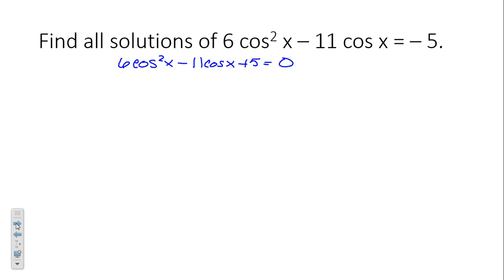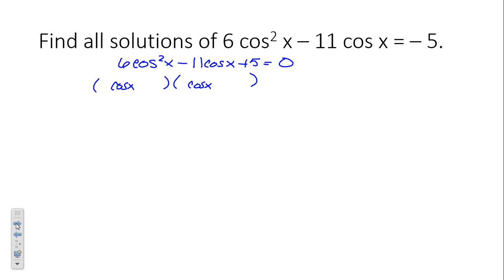And if it helps you to substitute a y in there so you can see how it factors, feel free, if the cosines are confusing you. We know we have to find some multiple of 6 that's going to, with a multiple of 5, add to get a negative 11.